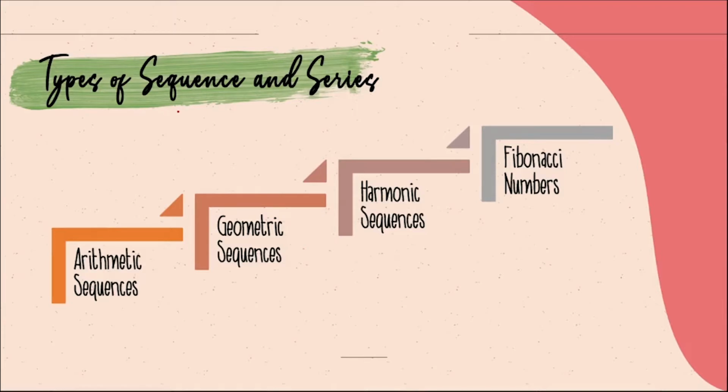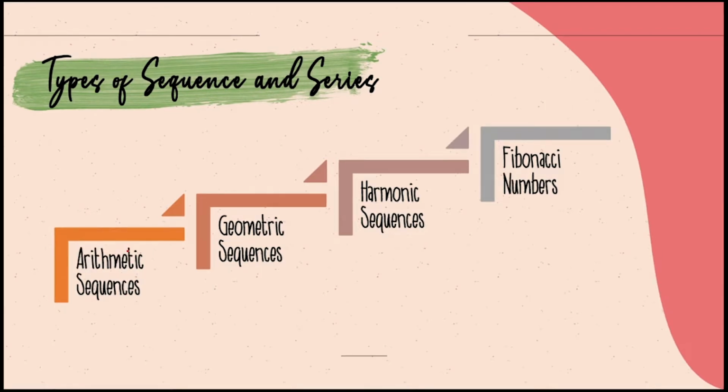Because from a sequence we can make a series, some of the most common examples of sequences are: first is arithmetic sequences, a sequence in which every term is created by adding or subtracting a definite number to the preceding number.